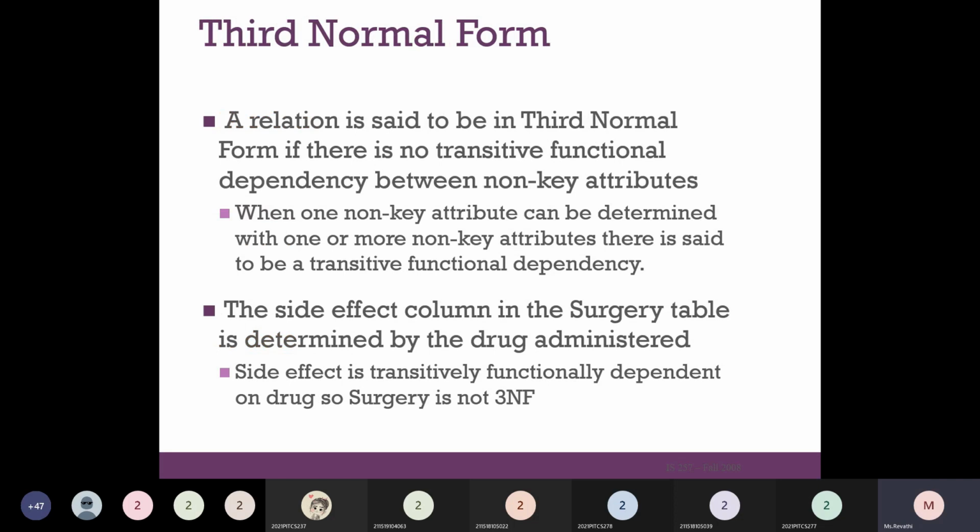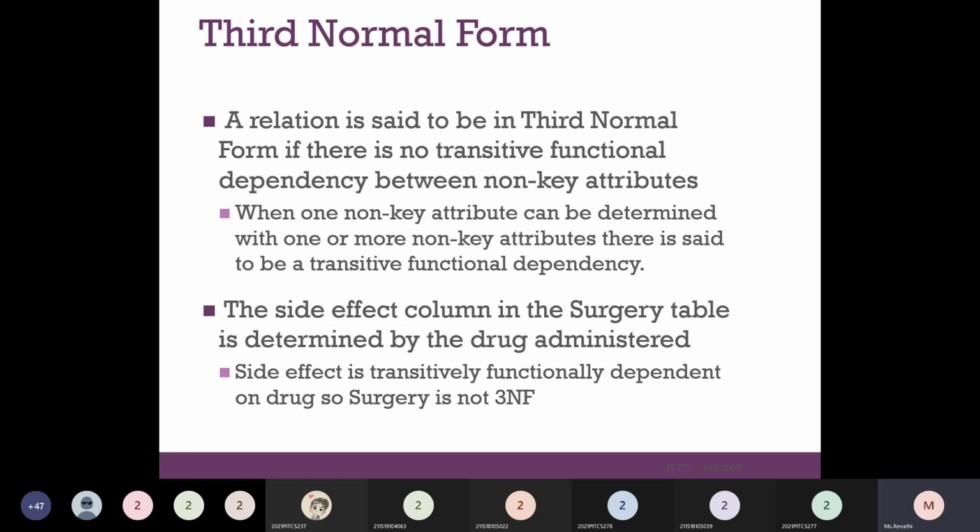According to third normal form, a relation is said to be in third normal form if there is no transitive functional dependency between non-key attributes. Which means when one non-key attribute can be determined by one or more non-key attributes, that is a transitive functional dependency.